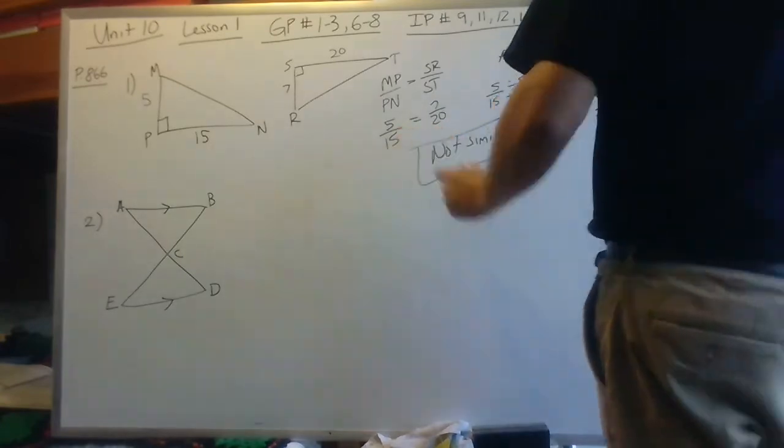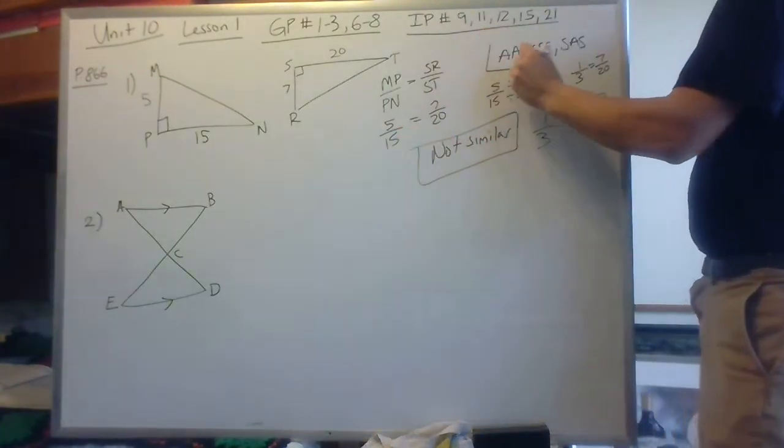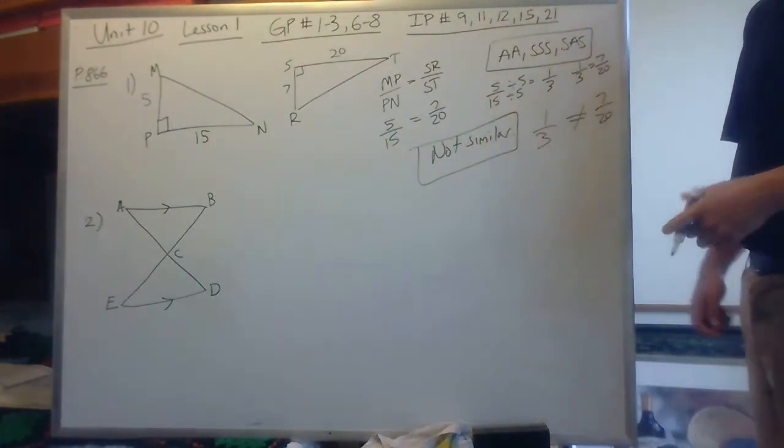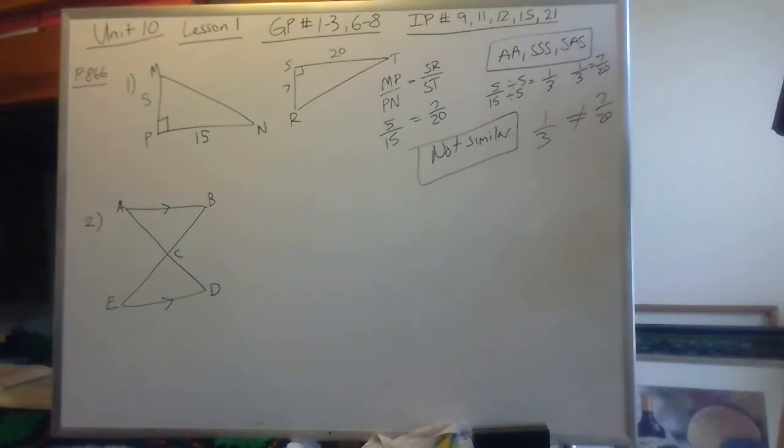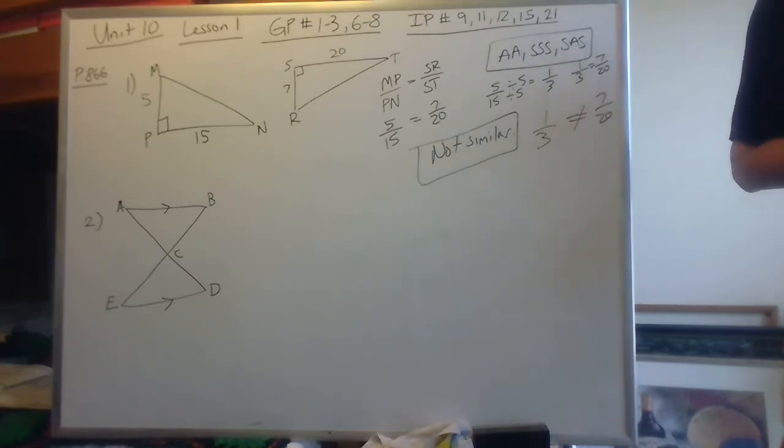All right. So what I was going to show you that I wrote up here is, besides looking at side lengths for ratios, for the similarity statements, if it is a similar triangle, we have to write what is known as similarity statements.